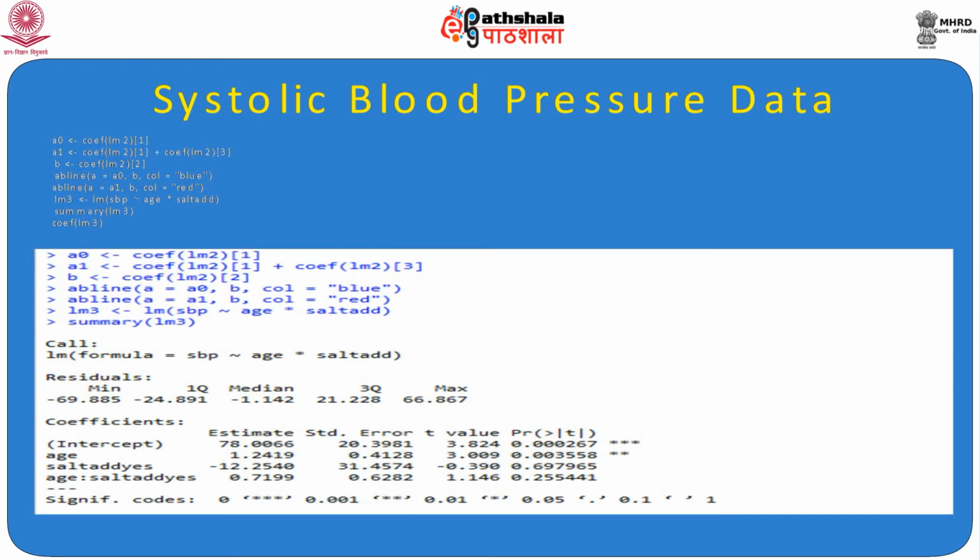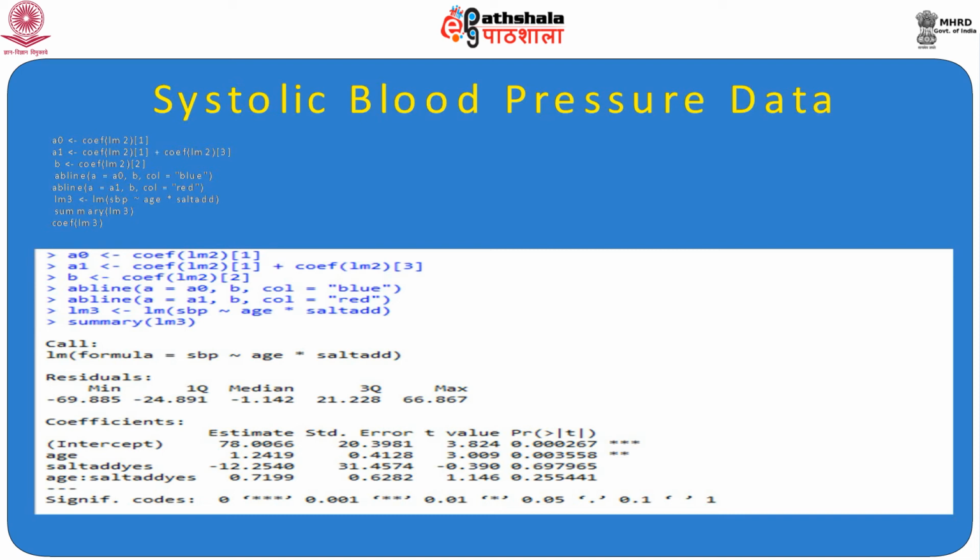Now the graphs obtained from the earlier code are here. It gives two lines, one red for those who have salt added, and a blue line for those who are not taking salt. Salt add no, and salt add yes, which is going as red.